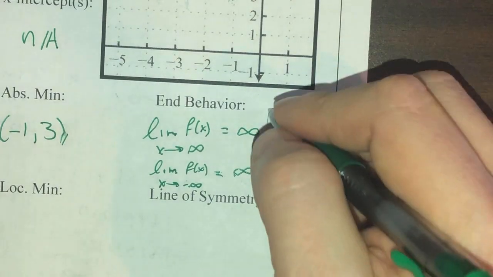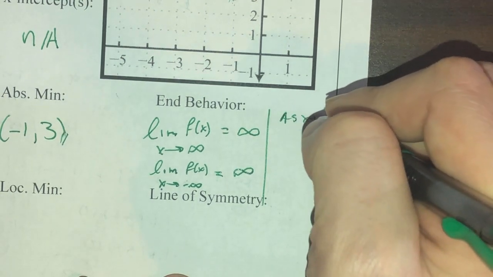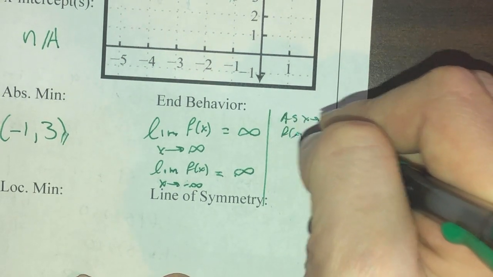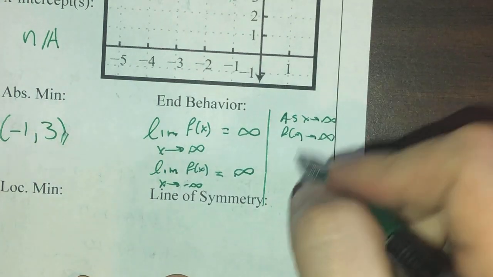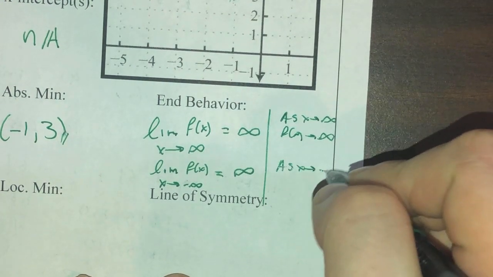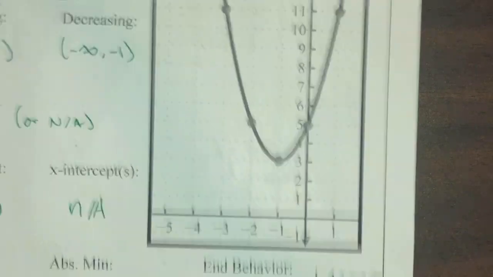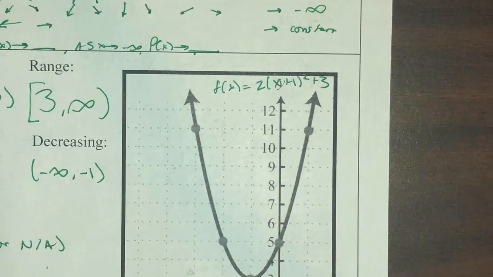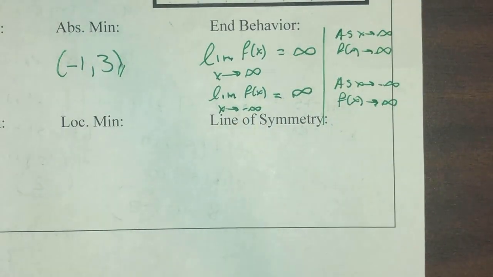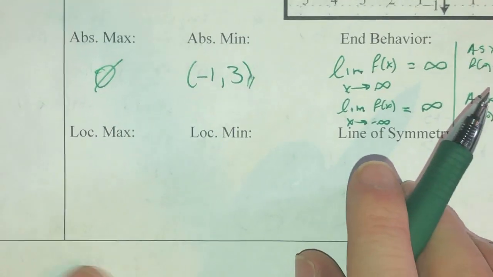So again, that's one way to write it. Other way is as x goes to infinity, f of x goes to infinity. And remember, see the arrows are pointing up. As x goes to negative infinity, f of x goes to infinity. If they're both pointing in the same direction, these should be the same. Okay? So remember, you do either or here.